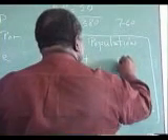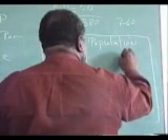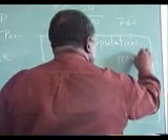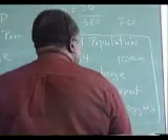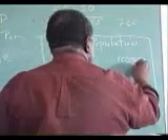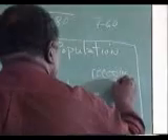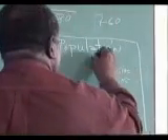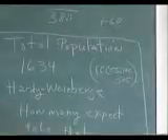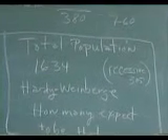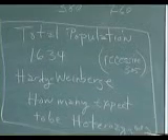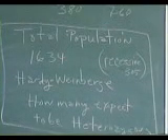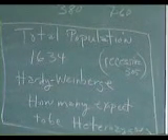The recessive phenotype, the number of people showing the recessive trait, will be, let's say, 305 of that population. 305 are recessive. So let's work through that problem.